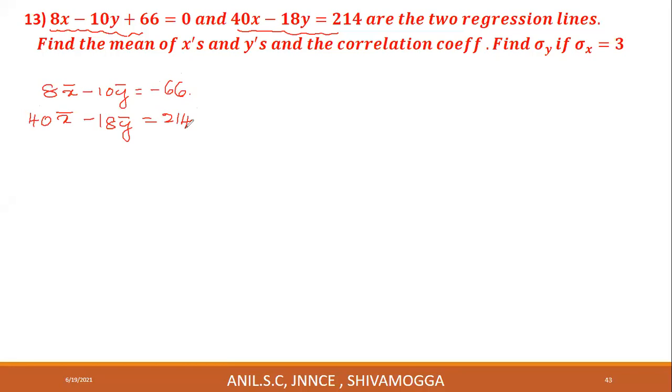Now solve these two simultaneous equations to find the value of x bar as well as y bar. Solve this and tell me what is x bar and what is y bar.